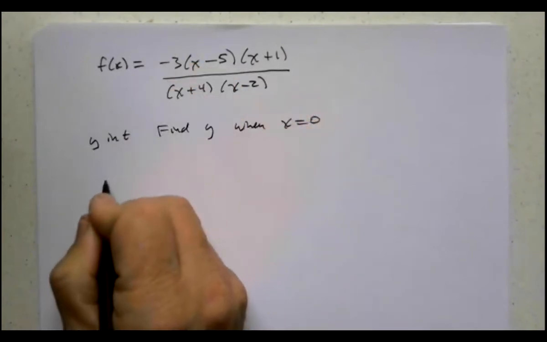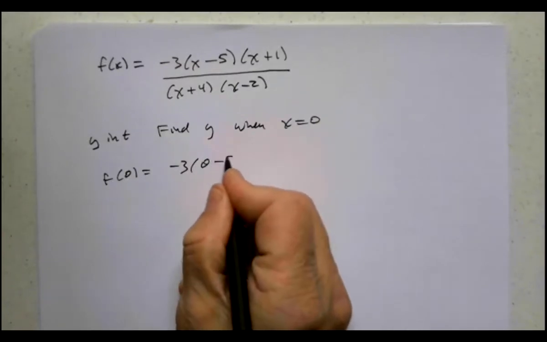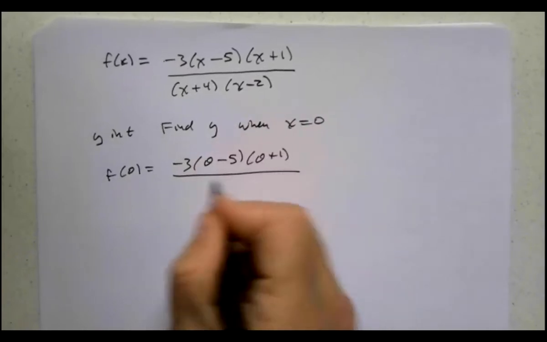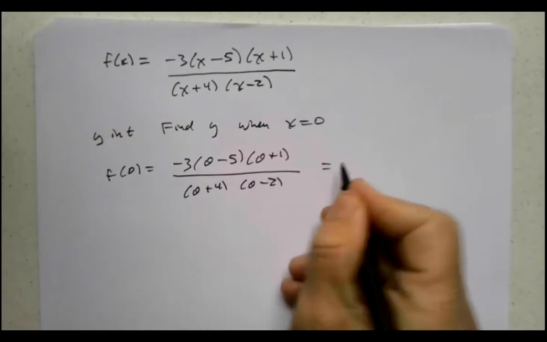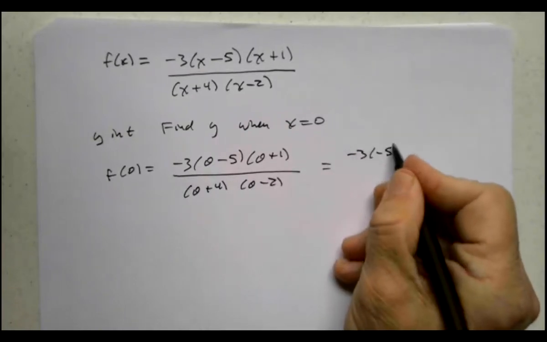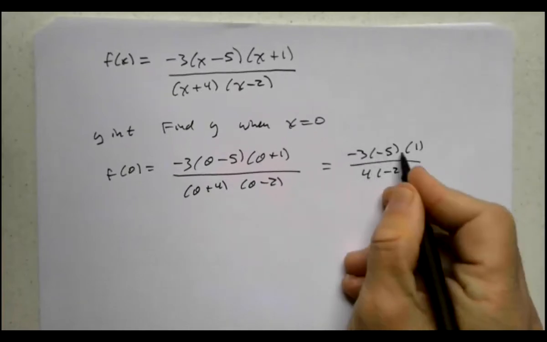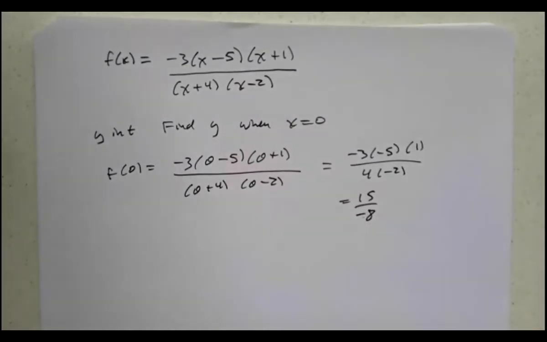So plugging in x = 0, what is f(0)? -3 times (0 - 5)(0 + 1) over (0 + 4)(0 - 2) gives me -3 times -5 times 1 over 4 times -2. -3 times -5 is 15, over -8. As a decimal, that is -1.875.